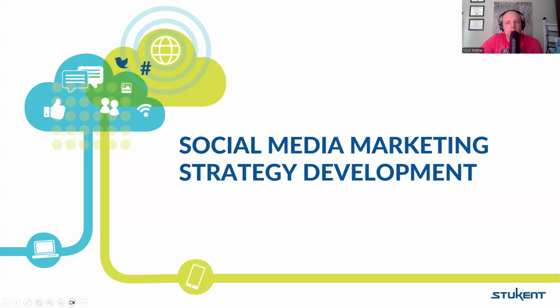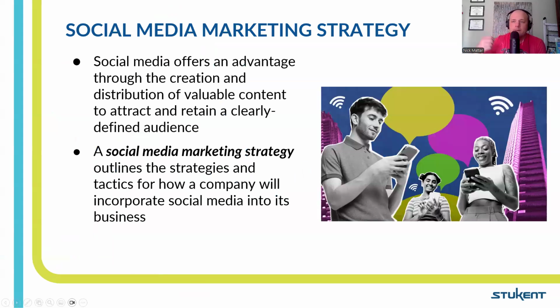As we begin here, let's start with some basic terminology. What is a social media marketing strategy? It outlines the strategies and the individual tactics. The difference between a strategy and a tactic: strategy is more high level, and a tactic is the individual things that go into that. The strategy has both of those things for how a company is going to incorporate social media into its business.